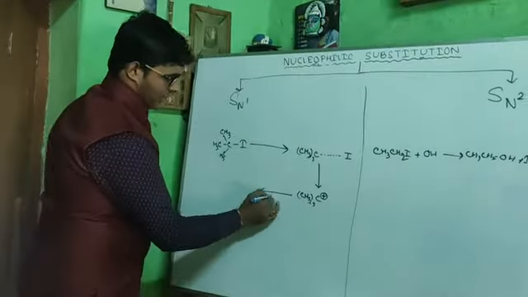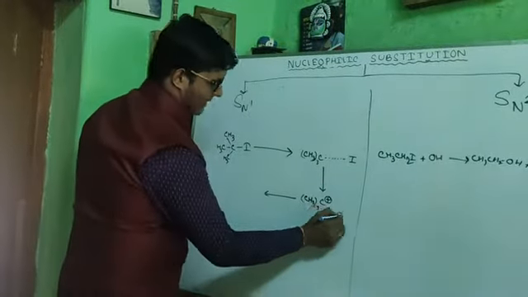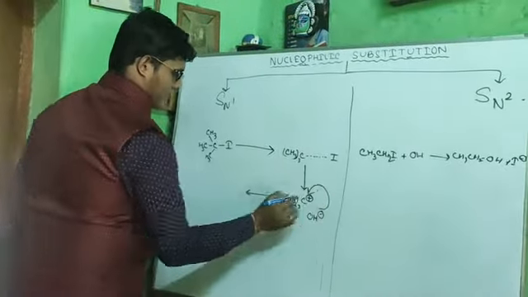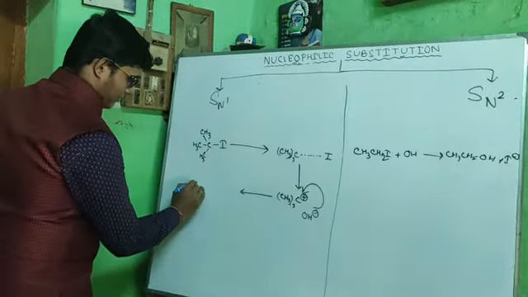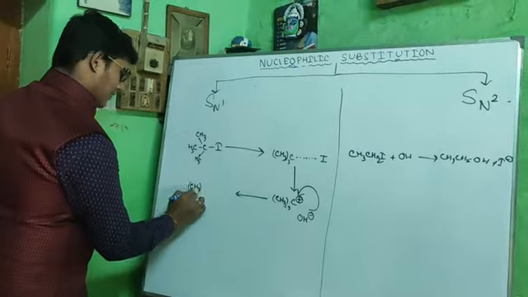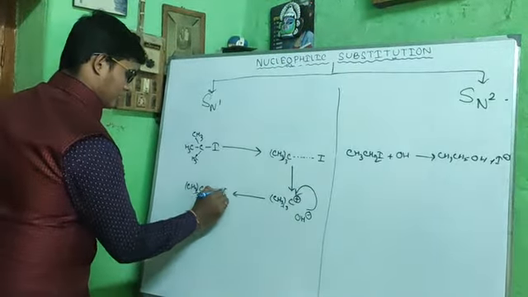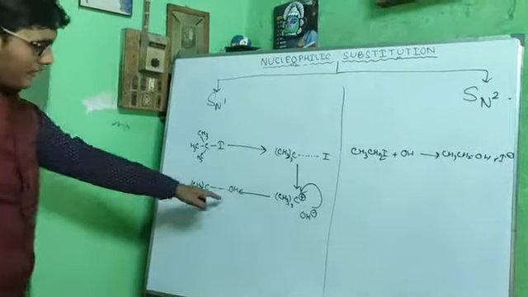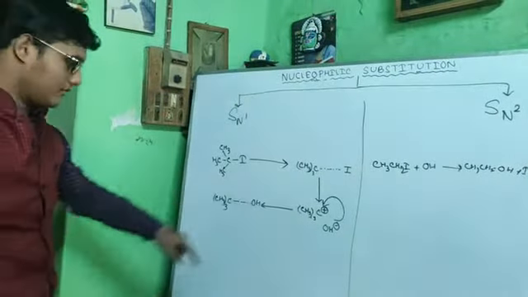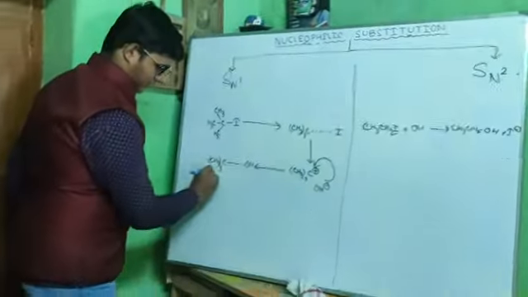From then, OH minus attacks the positive charge center, and for our ease of conception, we take that there is also a presence of this where the bond formation is not complete. This is also an intermediate.